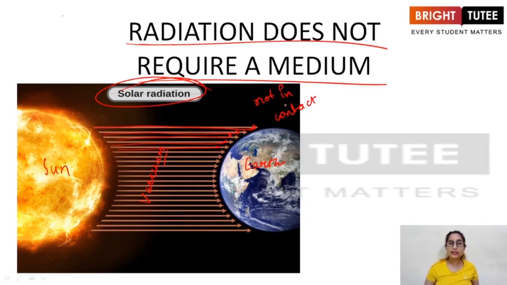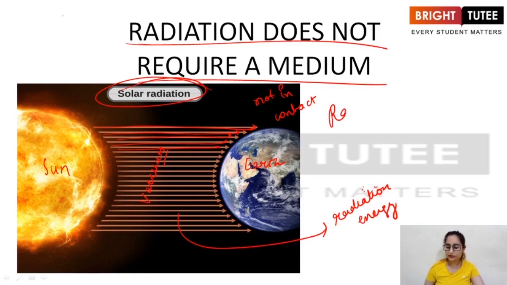So this energy released from the sun is known as radiation energy, and this process of transfer of heat from sun to earth is known as radiation. This is a perfect example of radiation.